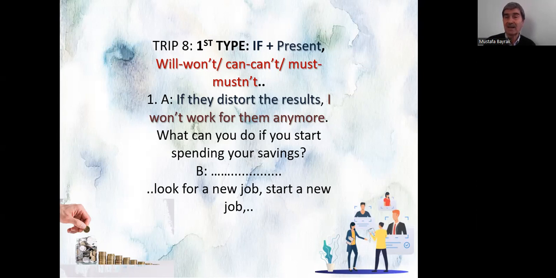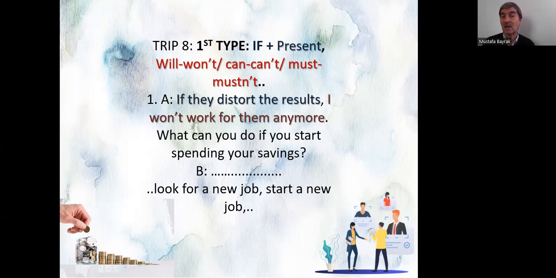What kind of sign does it give? Okay. What does it signify? Okay. What can you do if you start spending your savings? Okay. So, of course, if you are in a difficult situation and if you have started spending your savings, then you should look for a new job.